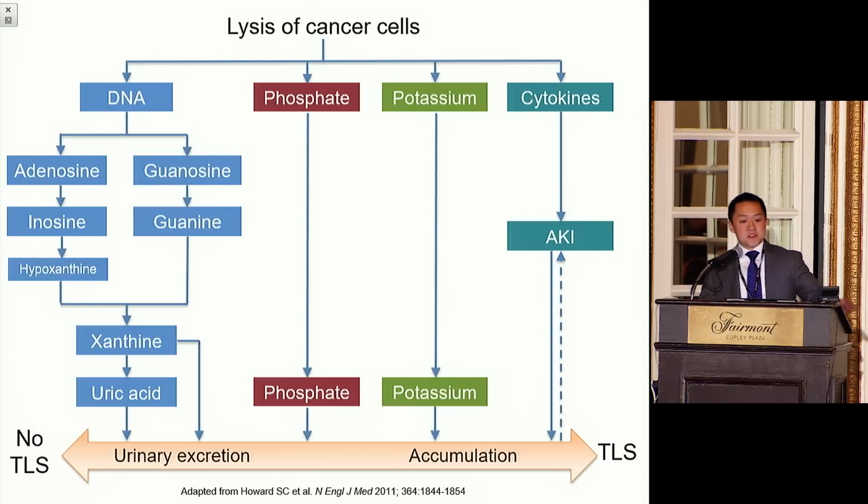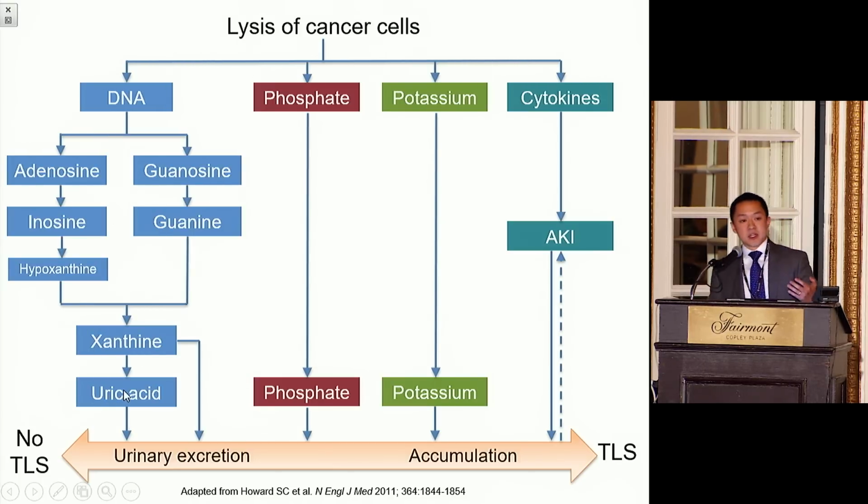The pathogenesis of tumor lysis syndrome, again, is due to the fact that these cancer cells are being destroyed, being lysed, and they're releasing intracellular contents, including DNA, phosphate, potassium, and cytokines. The DNA is metabolized into its nucleotides, and the purines, the adenosine and guanosine, are broken down into xanthine and uric acid.